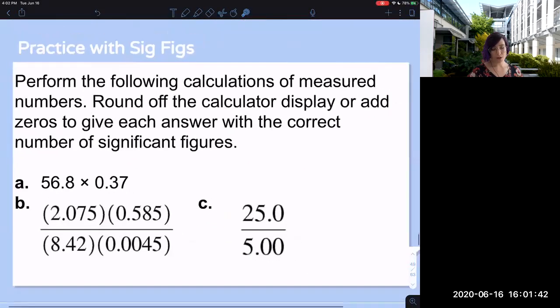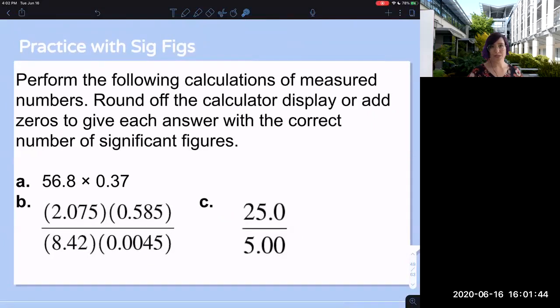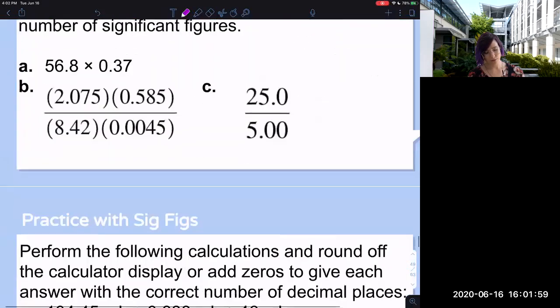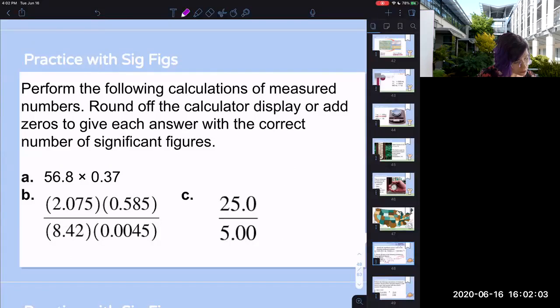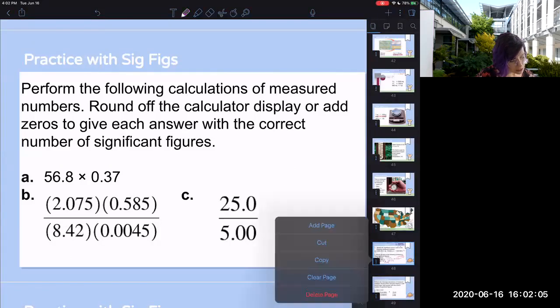Okay, so now I'm going to show you how to do significant figures rules. So we're going to start with multiplication and division. So the multiplication rule. Let's add a page here.